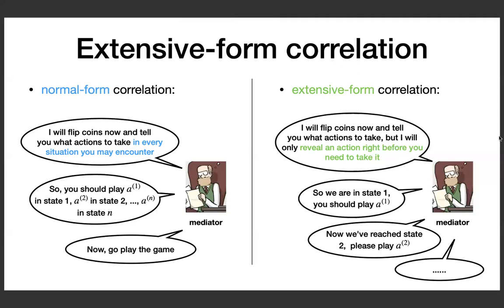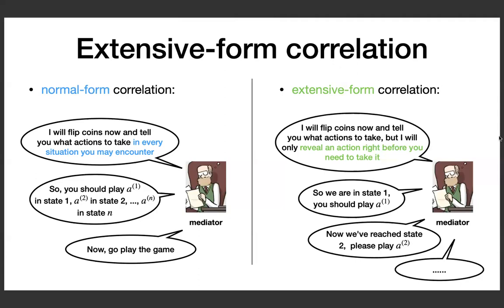So it's a one-shot revelation of the entire recommendation of actions. Extensive form correlation is different because it's like a gradual process of revealing more information to the players. With extensive form correlation, the mediator says something like, I'll flip coins now at the beginning of the game and tell you what actions to take only right before you need to take them. So a recommended action is revealed right before the player has to take the action.